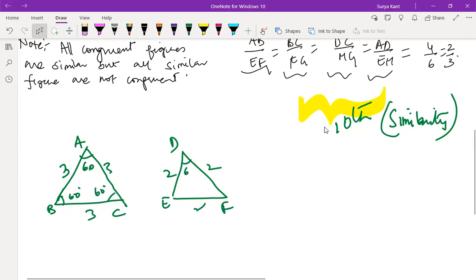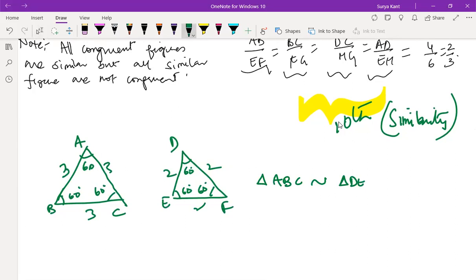These two triangles are similar. If I write triangle ABC is similar to triangle DEF, is it correct or wrong, children? It's correct, sir, because all angles are equal and all sides are also proportional.